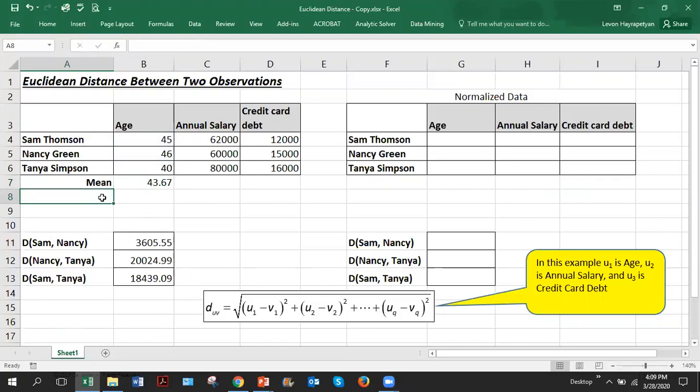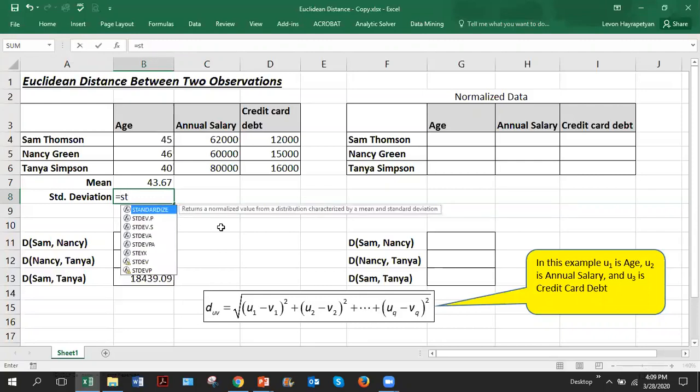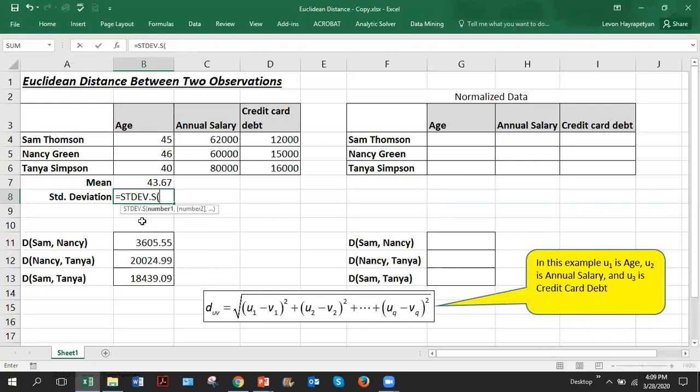Then I'll calculate the standard deviation. In order to calculate standard deviation, we will use Excel's function called stdev.s, which stands for standard deviation, and .s means sample standard deviation.